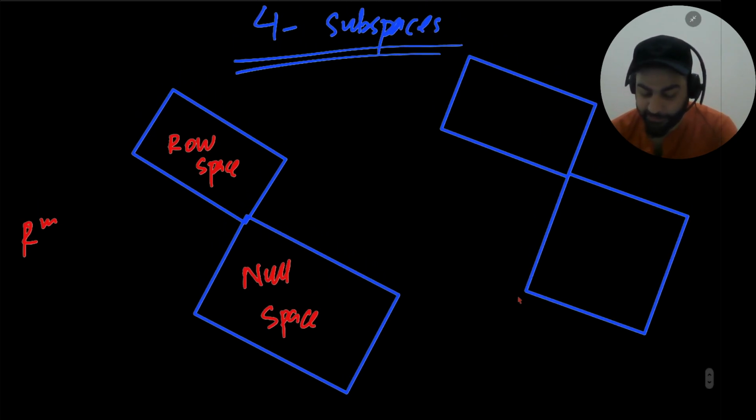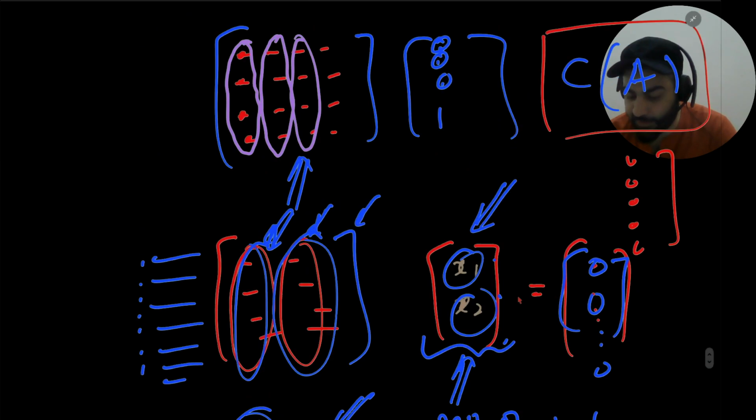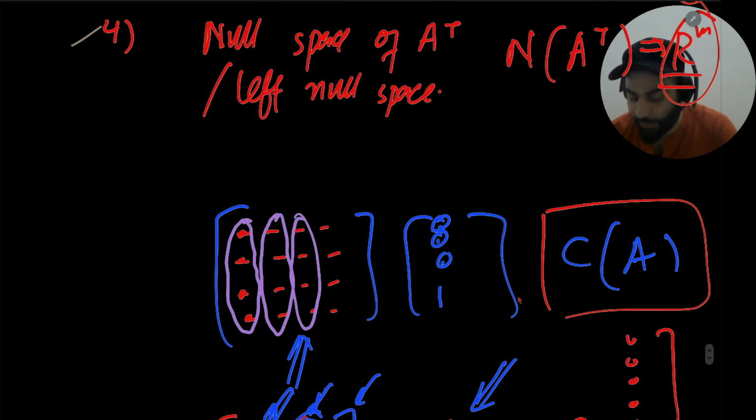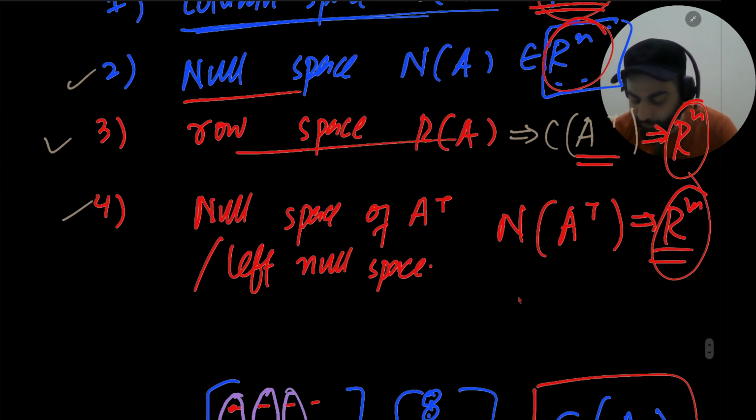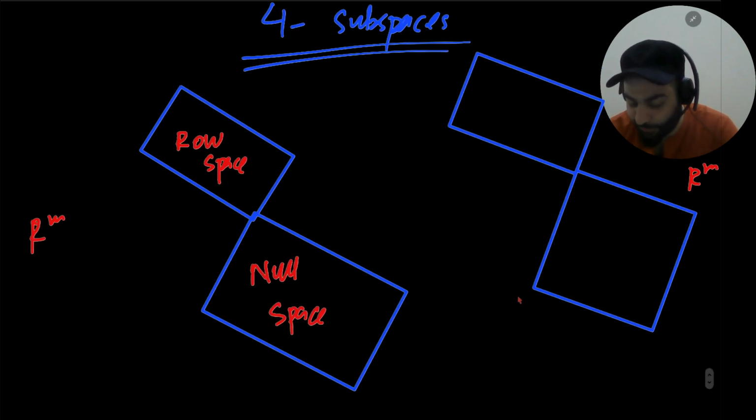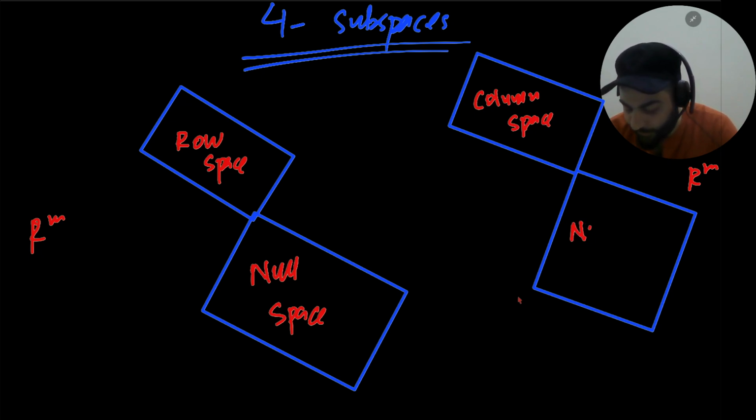Okay, so now we have this Rm. Let's call this Rm. What are the things that belong to this Rm? So we have this column space that belongs to Rm and the left null space, the null space of A transpose. So we'll write column space at the top, and at the bottom we have left null space or null space of A transpose.